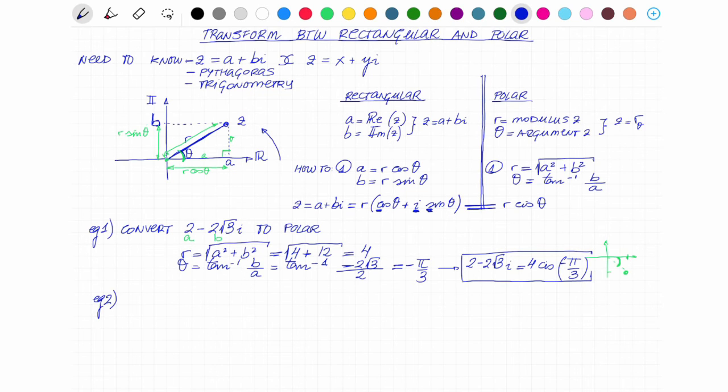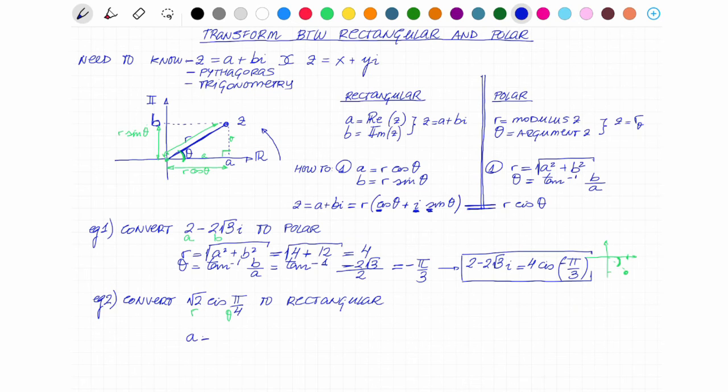Now we're going to make a second example. Now in the other direction, they want me to convert a complex number in polar form to rectangular. So again, I need to identify the parts. This is the modulus and this is the argument.